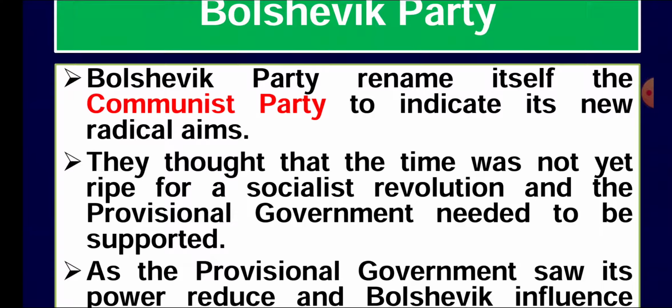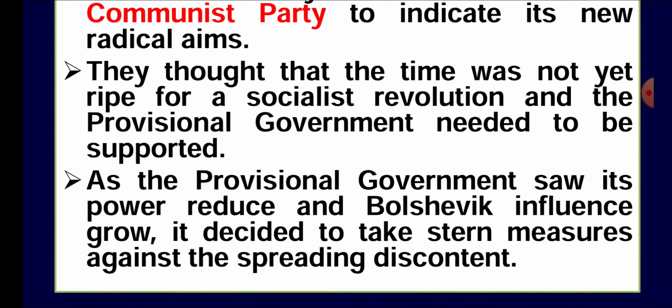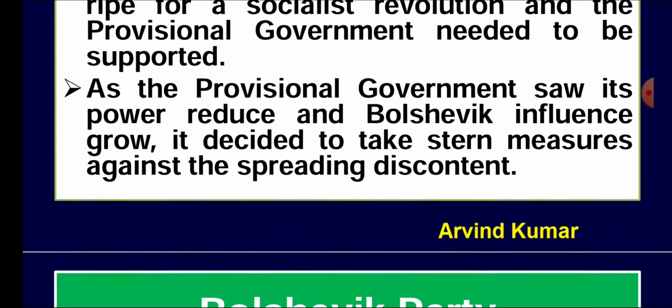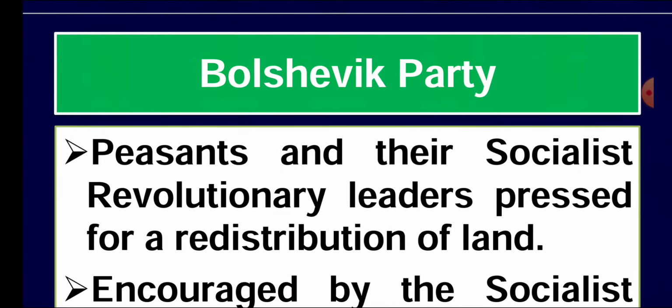In the country, Bolshevik leaders got the support of many other social groups also. This time, the provisional government under the leadership of the Mensheviks was not able to fulfill the demands of the people, because people had more expectations.